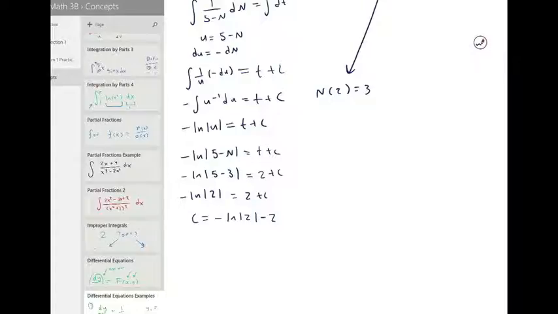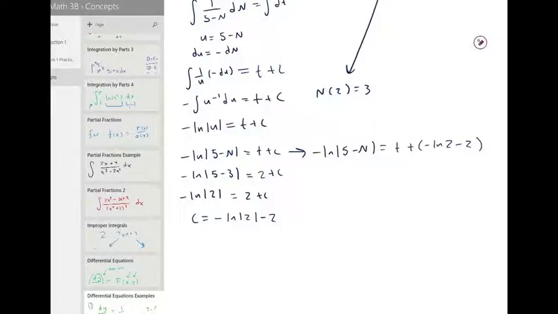And now we go back to our equation here, and we plug in our c as negative ln of 2. We can drop the absolute value because 2 is a positive number, minus 2.